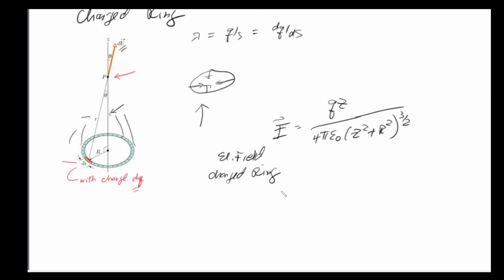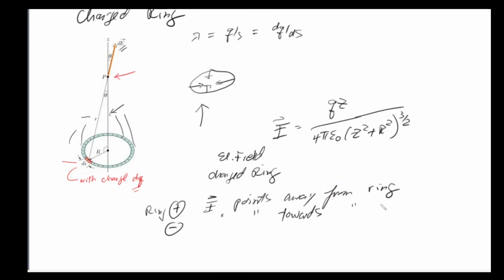Now, if the ring has a positive charge, then the electric field will point away from the ring. And if the ring has a negative charge, then the electric field will point towards the ring. That's because E goes from positive to negative.